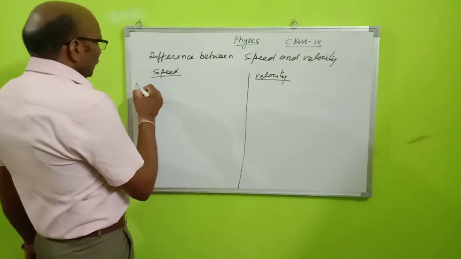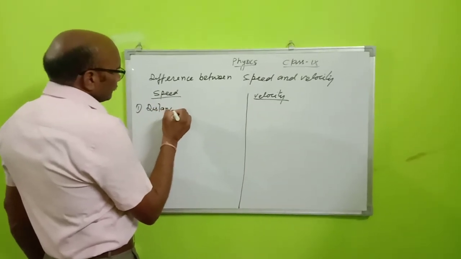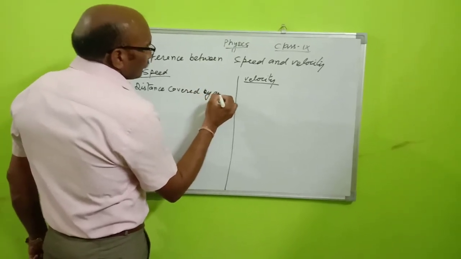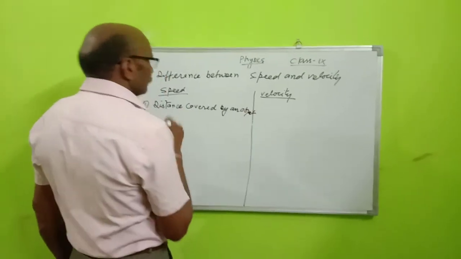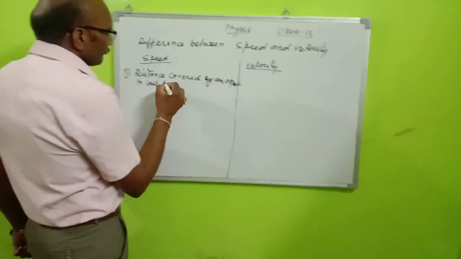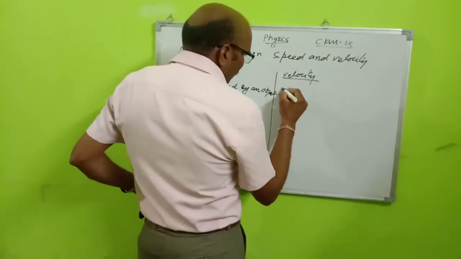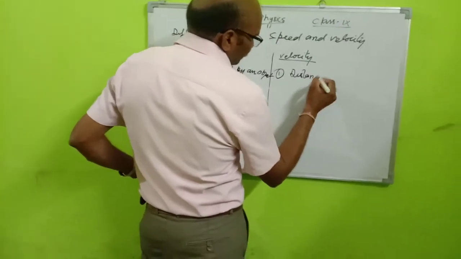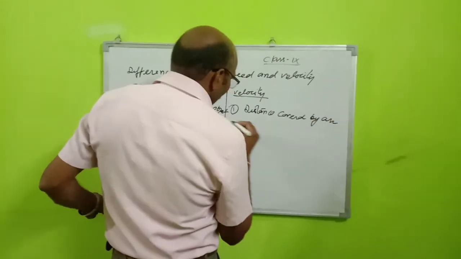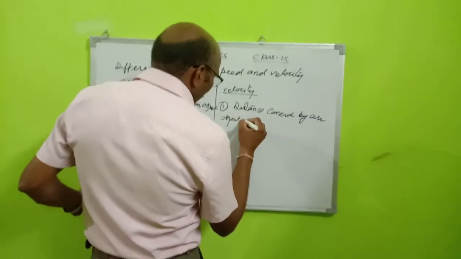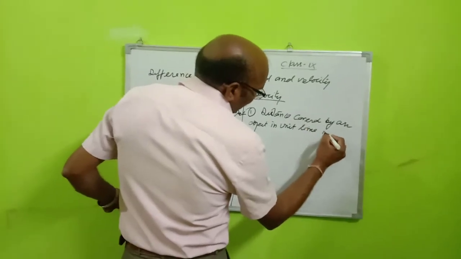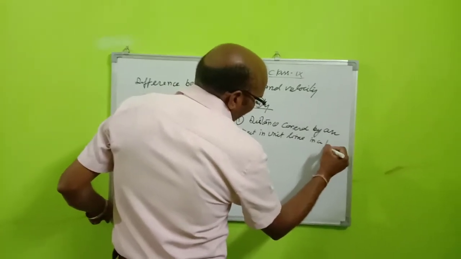Number 1: speed is the distance covered by an object in unit time, and velocity is the distance covered by the object in unit time in a particular direction.